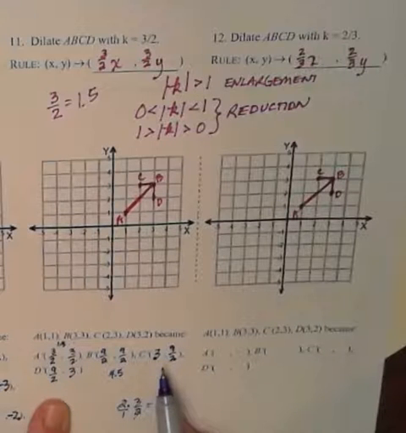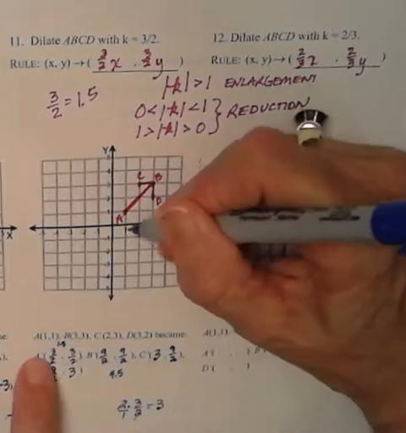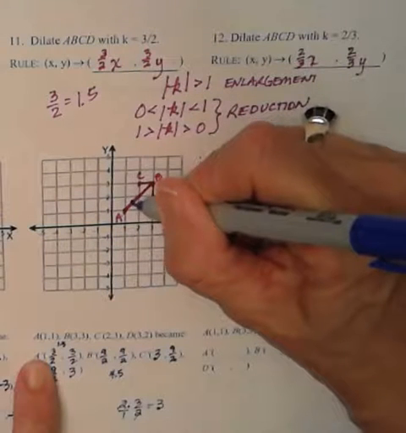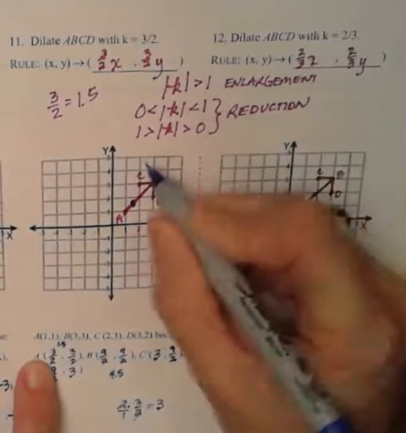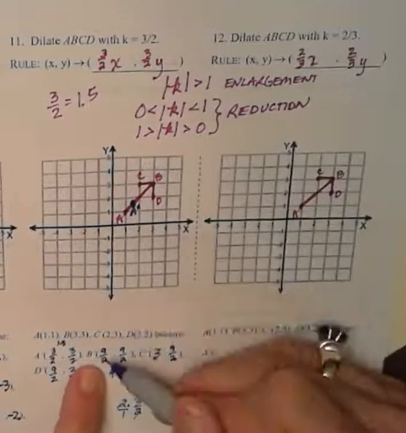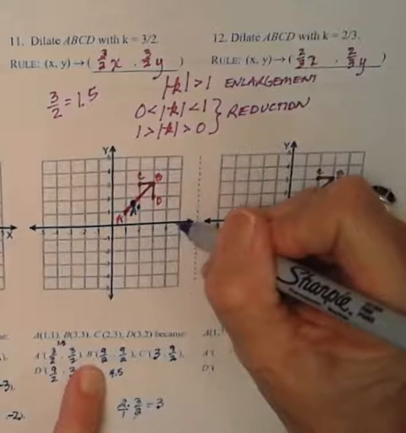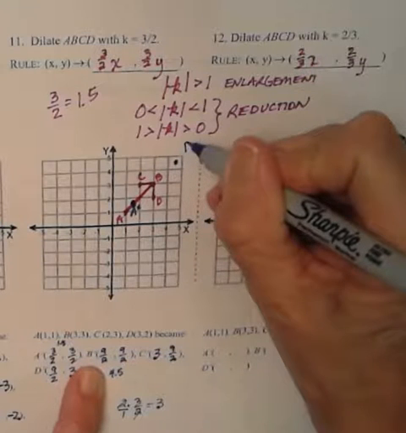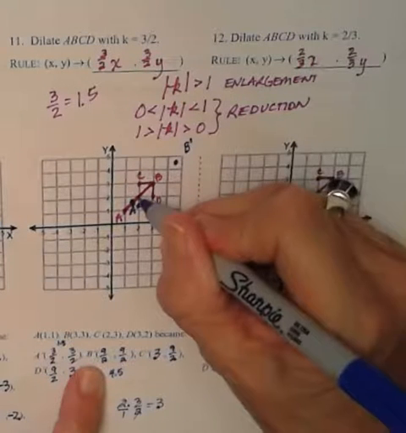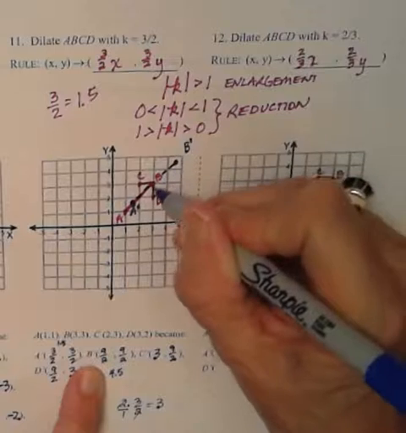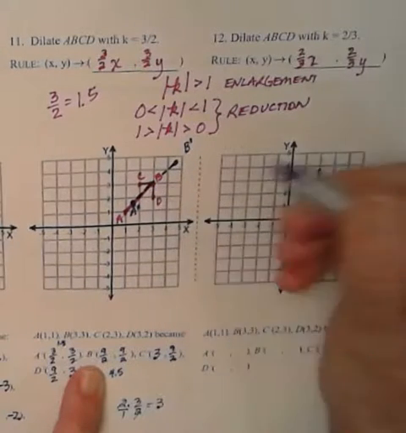Here are the points to plot. So I'm going to run 1.5, rise 1.5, and there is A prime. I'm going to run 4.5, rise 4.5. Here's B prime. I'm going to kind of do this one in dashes so we can still see our underlying original object.